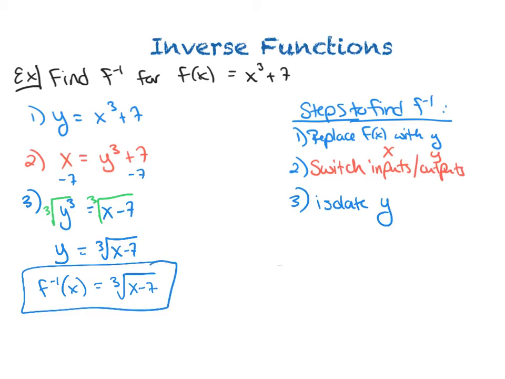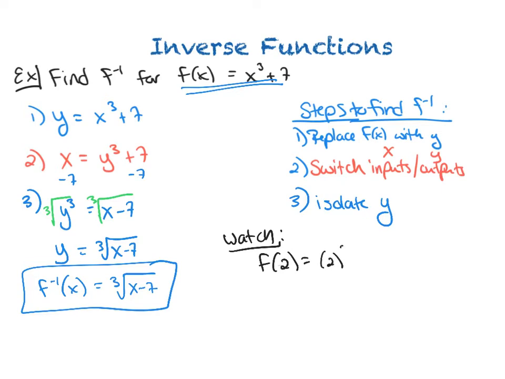And just like on the previous screen, we know that this is the inverse function for x cubed plus 7. Now, before we go on to the next example, I want to show you something that is really, really neat. So watch this. Let's find, for this f of x, f of 2. So that means take f of x and plug in x equals 2.